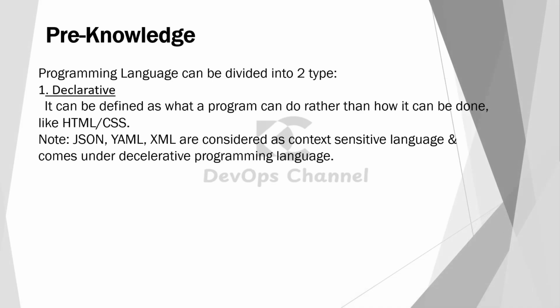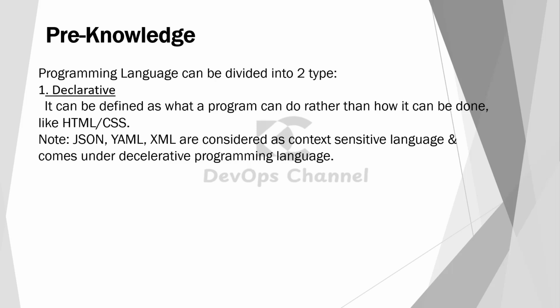First, you should have some pre-knowledge about the languages. There are two types of programming languages: declarative and imperative. A declarative language defines what a program can do rather than how it can be done, like HTML and CSS, which you may sometimes refer to as front end.